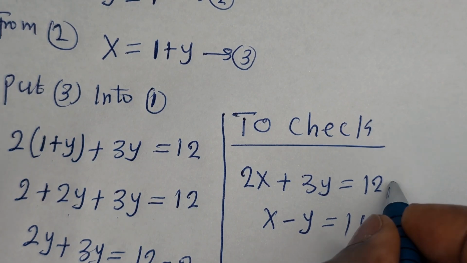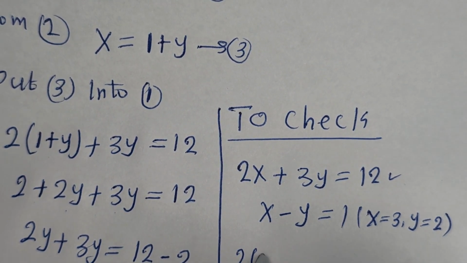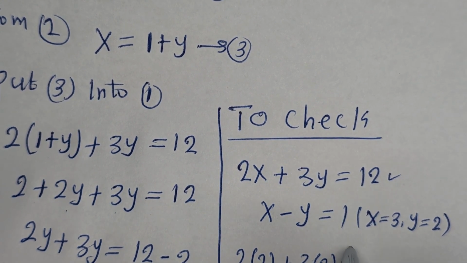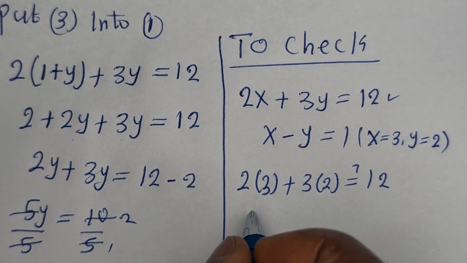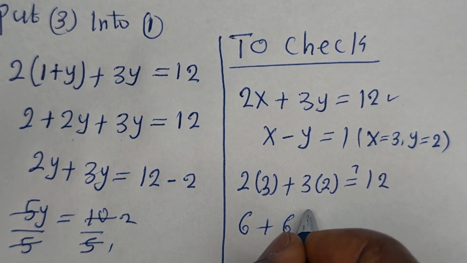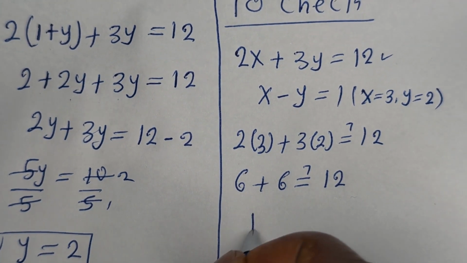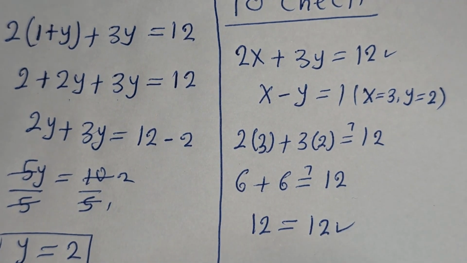Now let us consider this. We have 2 brackets 3 plus 3 brackets 2 must be equal to 12. 2 times 3, this is 6, plus 3 times 2, 6, must be equal to 12. 6 plus 6, this is 12, is equal to 12, which is true.